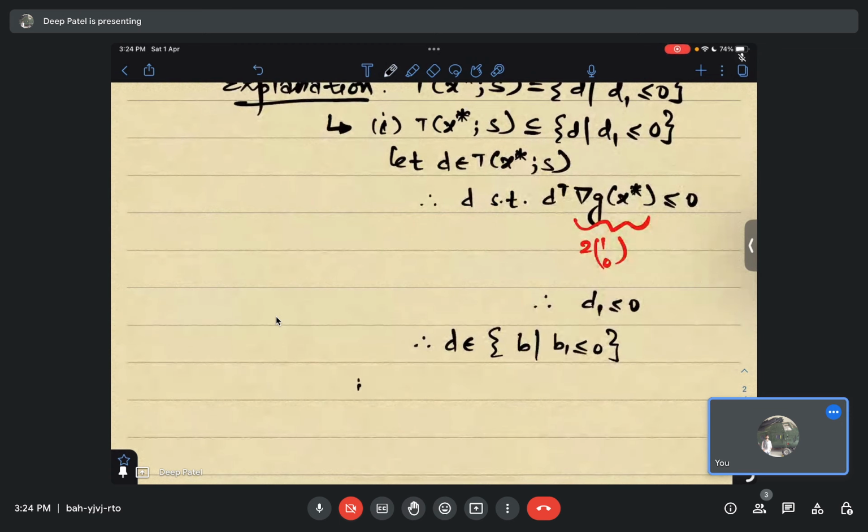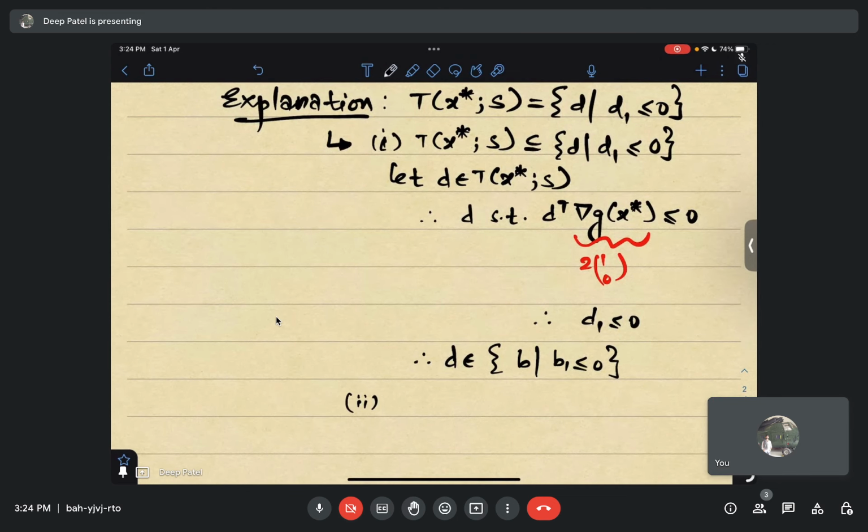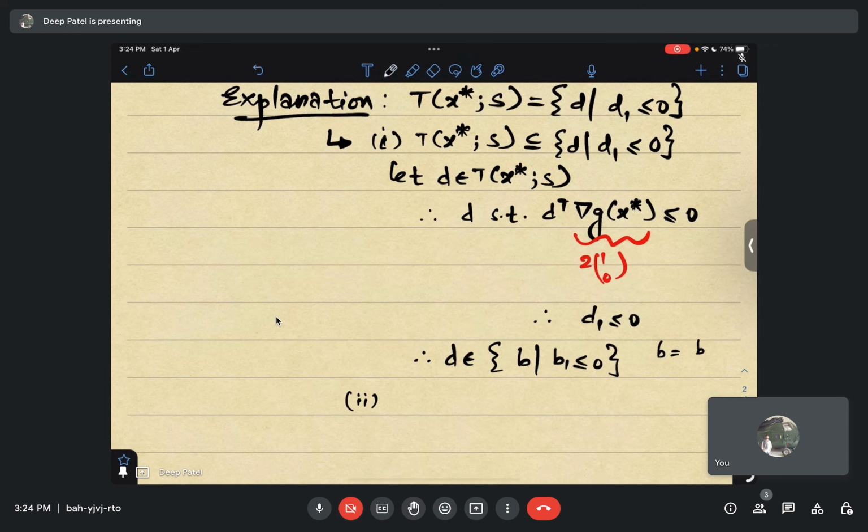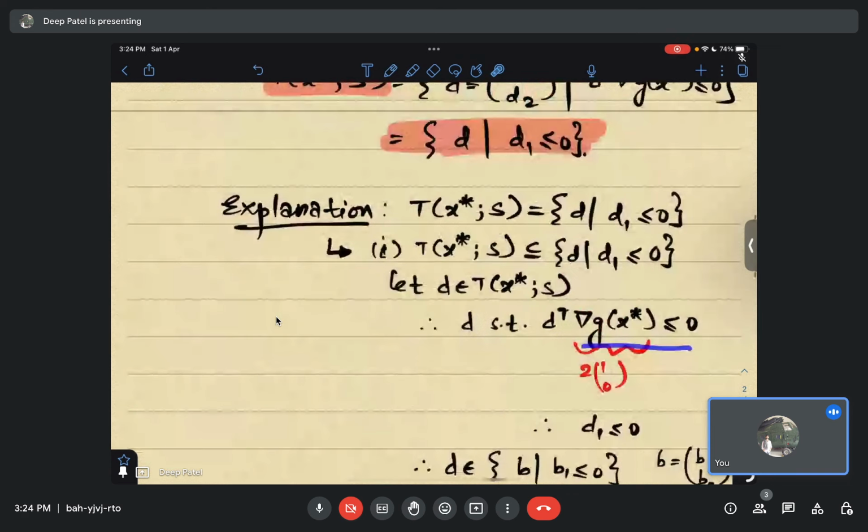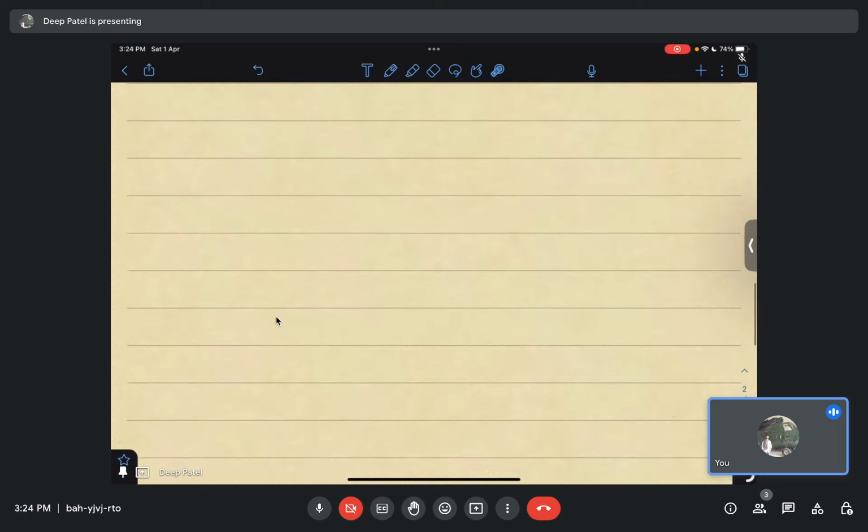And one small clarification I want. This specification by this condition, that d transpose gradient of g at x star, presupposes that we have a constraint qualification in action, right? No. We should be able to express our tangent cone in this form. Then we can say the constraint qualification works. The constraint qualification is a sufficient condition for you to be able to represent your tangent cone in a form such as this. So maybe let me write it separately here.